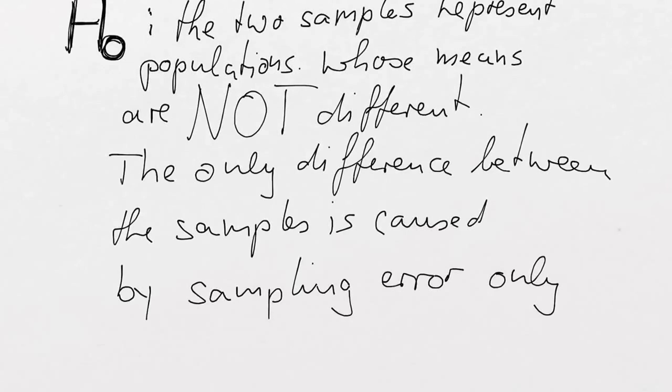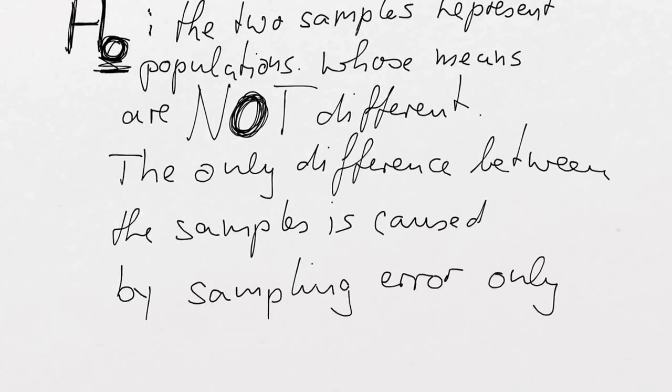In this case, it's a little bit like the terms and conditions. It's always the same wording, but I want you to really remember that. And the way you remember it is H0, you see this big O in here. There's no difference between the samples.